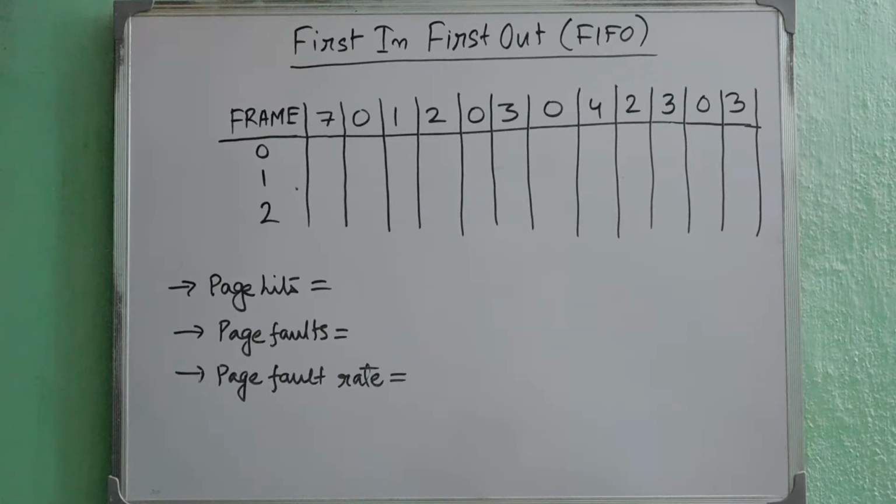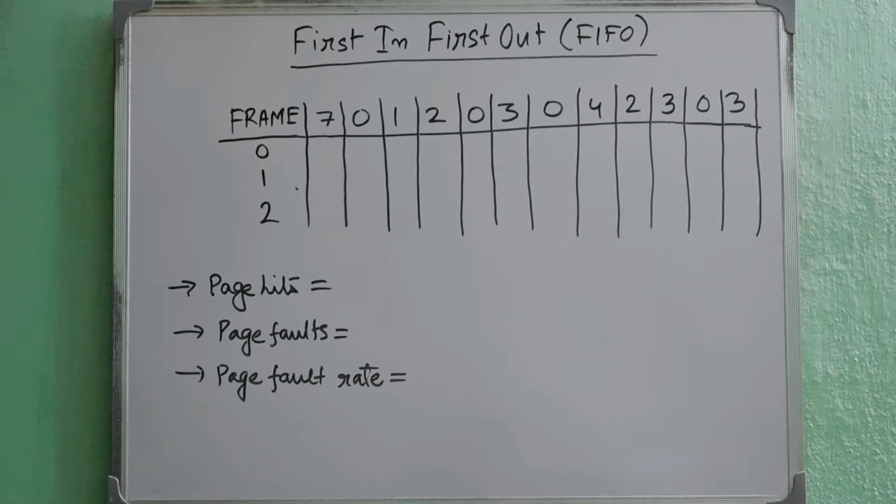Now let's start. Since there are 3 frames, 3 pages will automatically adjust themselves in the 3 frames. Then when each further page comes demanding a frame, one of the previous pages has to be replaced.